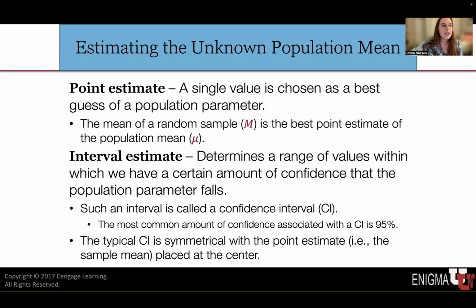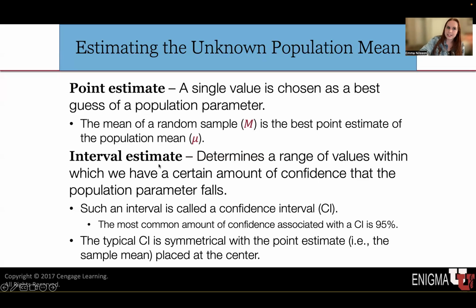So up until this point, we've been talking about using a point estimate of the population mean, which is just when we take a single value as the best guess of our population parameter. And we've usually been using the mean of our random sample as our best point estimate for the population mean.